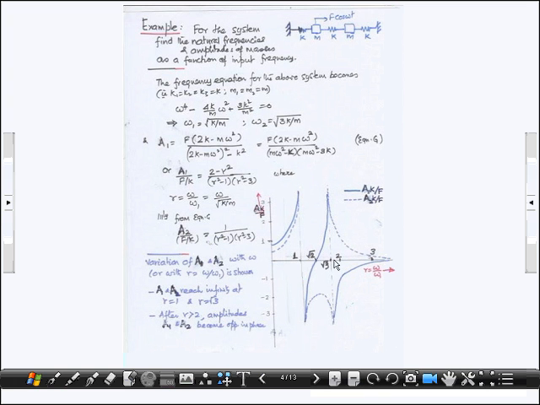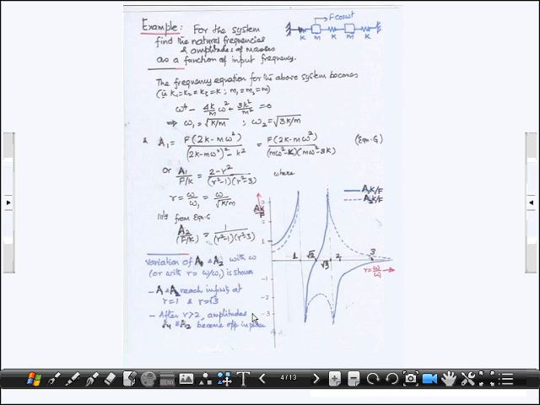That is the complete representation of the variation of the amplitudes of the two masses as a function of the frequency of the forcing function, represented as a ratio to one of the natural frequencies. You get a similar graph when you replace omega 1 by omega 2.